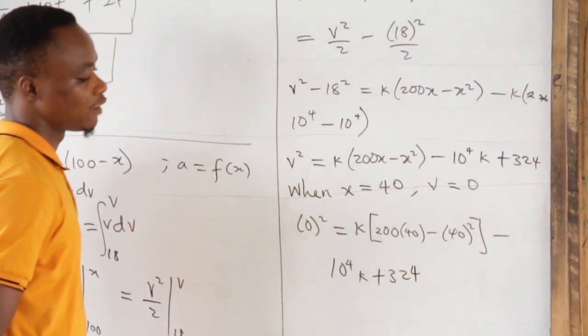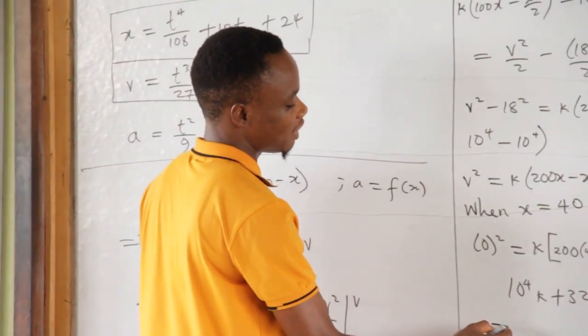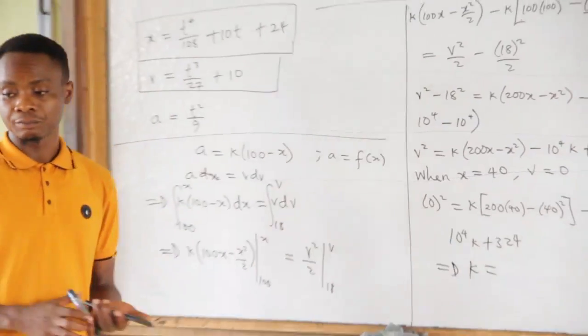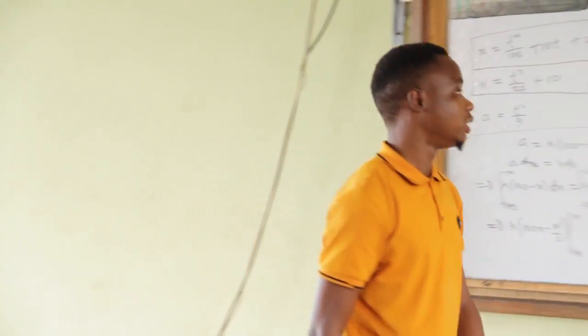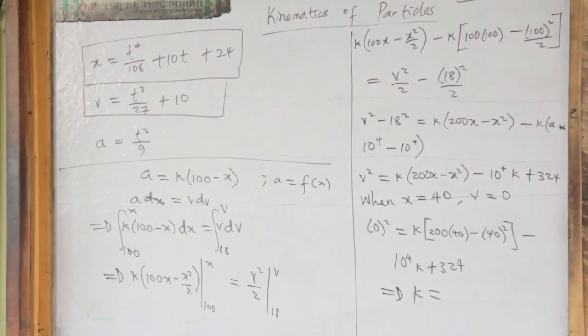Is that clear? This one is 0, so that is out of the equation. So you can simplify whatever is left and use it to solve for k. What does it give you, please? What is k, please?